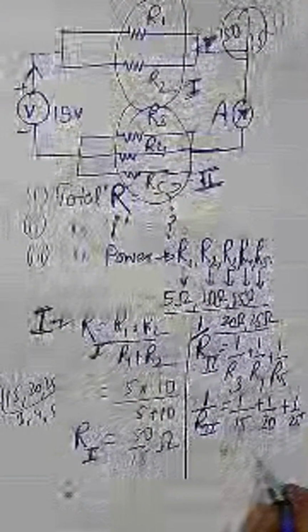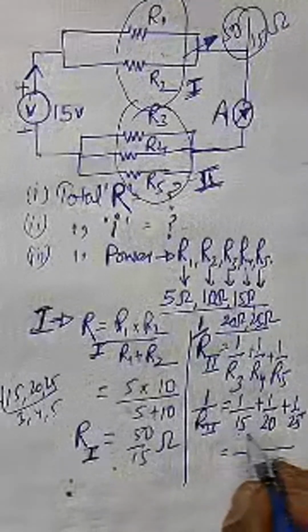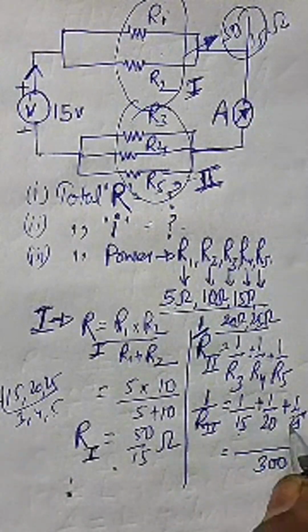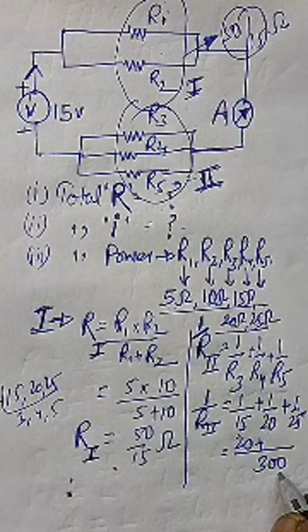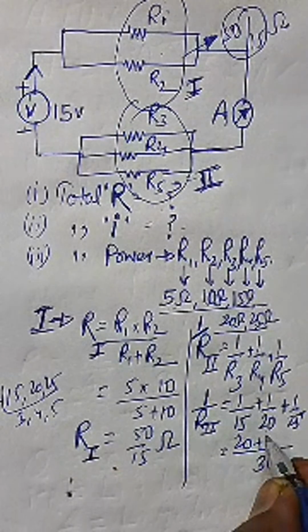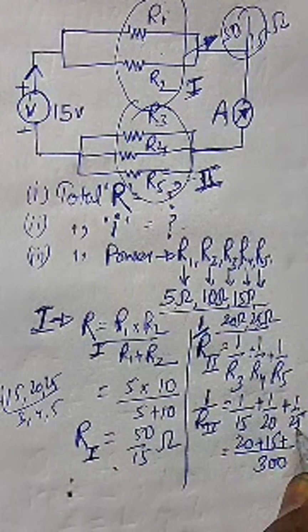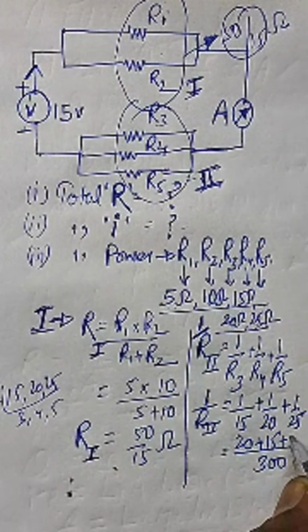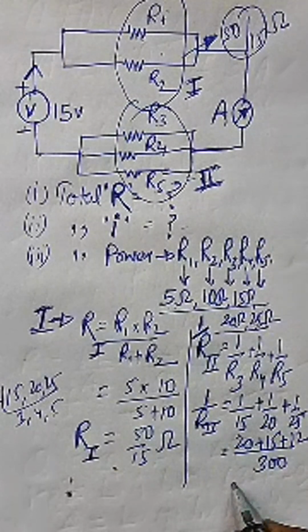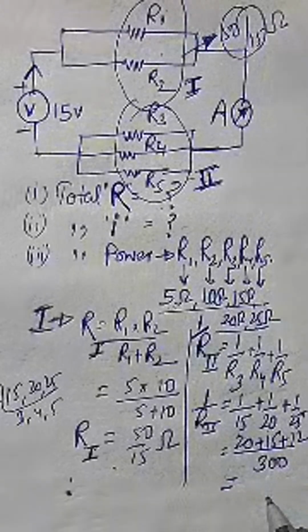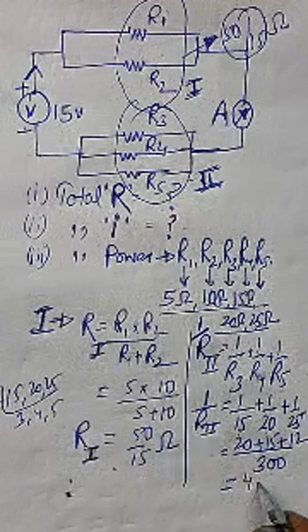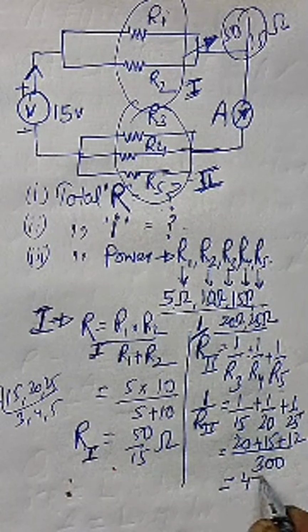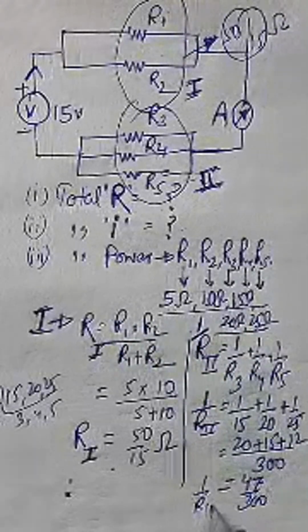So it will be 300 into the LCM, and into the numerator will be 15 into 20 plus 20 into 15 plus 25 into 12. So this will be giving you 47 by 300, that is 1 by R2.